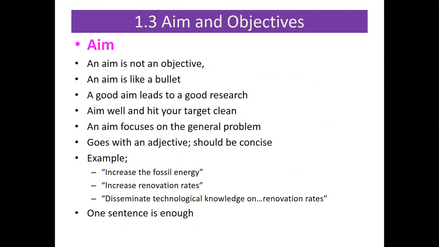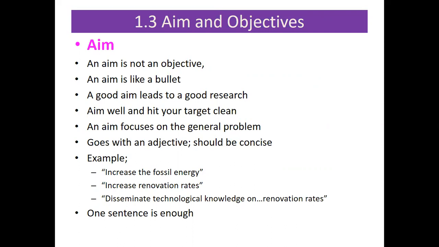Your aim usually will be the broad area of the study. And usually I say that you can actually turn your topic into an aim. It is not the same as the objective.